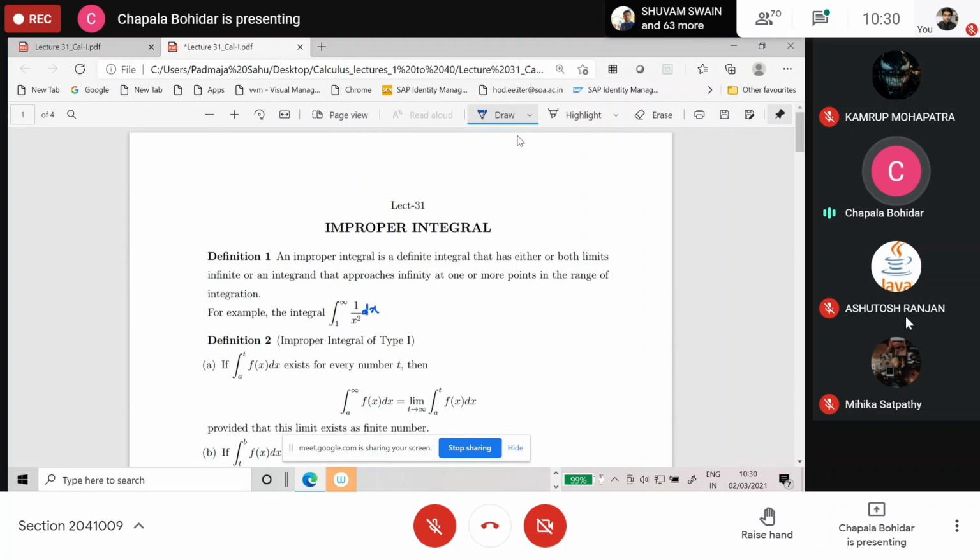If the integral from a to t of f(x) dx exists for every number t, then the integral from a to infinity of f(x) dx is equal to the limit as t tends to infinity of the integral from a to t of f(x) dx, provided that this limit exists as a finite number.